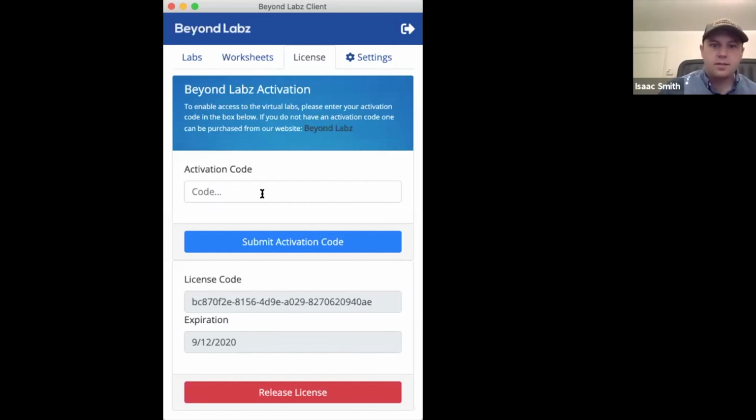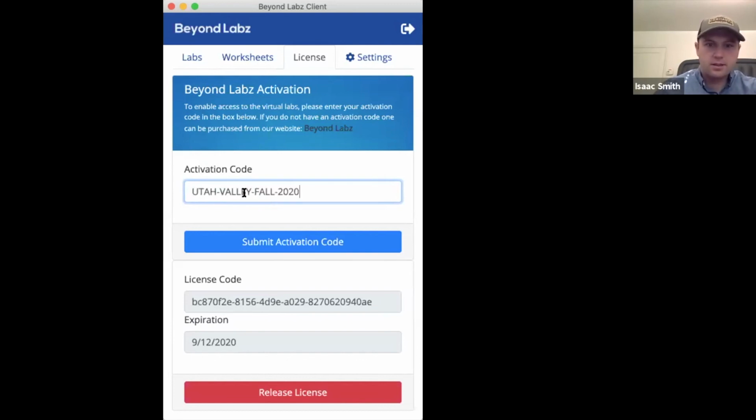Let's see. Oh, here we go. If you click on the license tab, activation code, you'll go ahead and put in the code from Canvas. Let me grab that real quick.